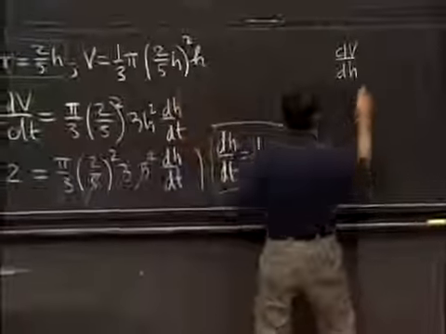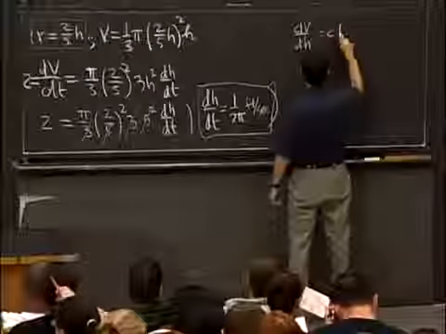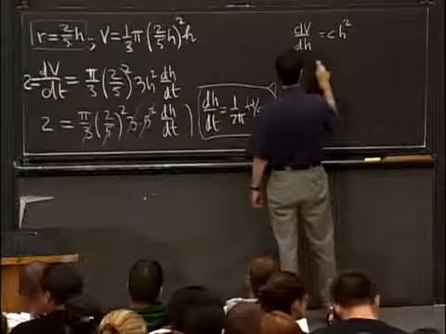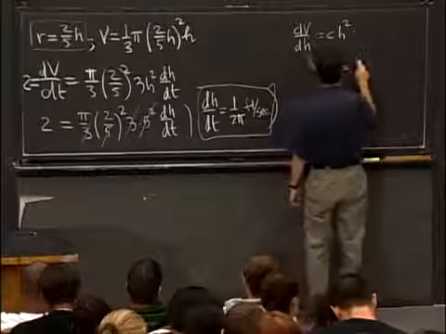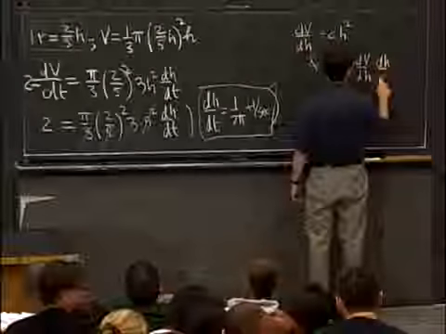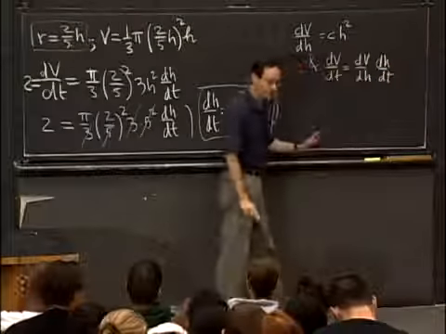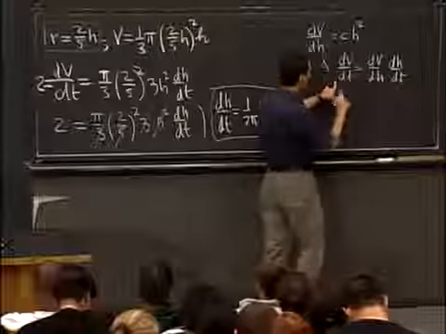So suppose you're here, and work out what this is, which is going to end up being some constant times h squared. And then also use dV dt is equal to dV dh times dh dt, which is the chain rule. Okay? And the answer is yes, we can do that.